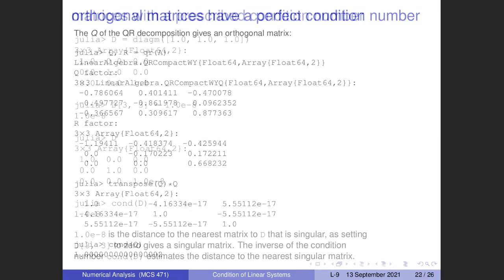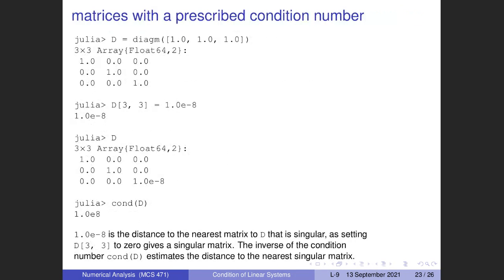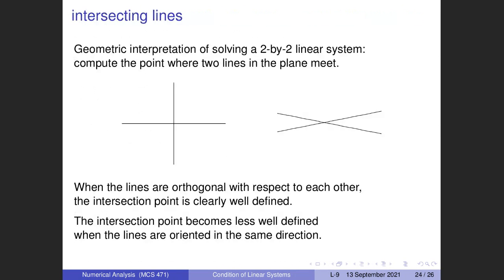How can you explain this otherwise? Let me skip first to the picture here. So when you have to solve a linear system, what you actually are doing geometrically, at least in the plane, is intersecting lines.